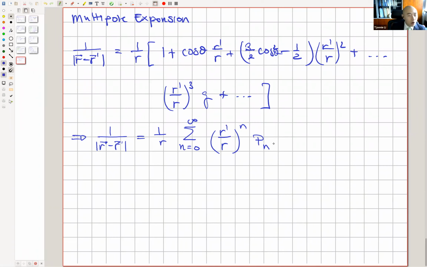So these P's are all different functions, and I can already say that the argument is cosine theta. So this is the expansion that we want to be able to do.